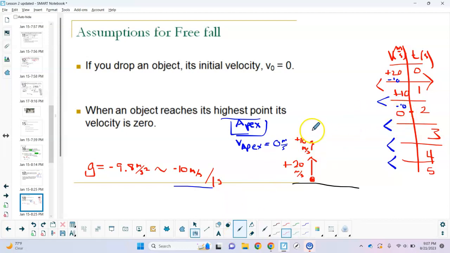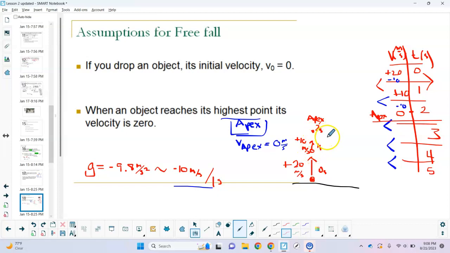This is at 1 second, this is at 0 seconds, and this would be at 2 seconds. At 2 seconds, or pretty close to 2 seconds, because this is a rough estimate and we're not using the exact number, I am at the apex. So this is my apex when my velocity goes to 0. When I throw something up in the air, the highest point is the apex, and that's when the velocity is 0. Just like everything else, once you throw it upward, it's also going to come back down.